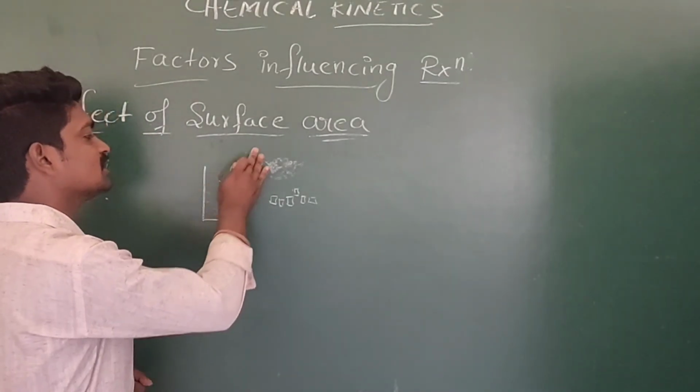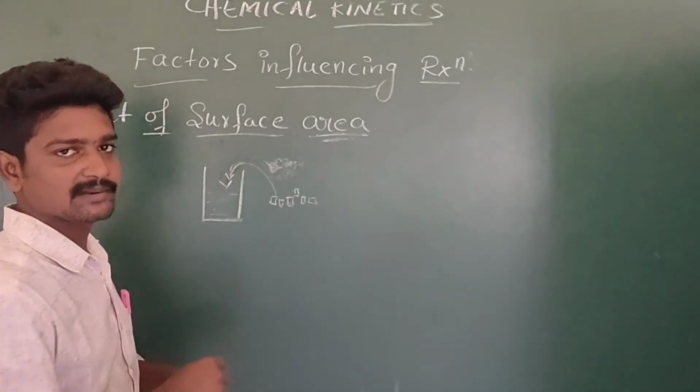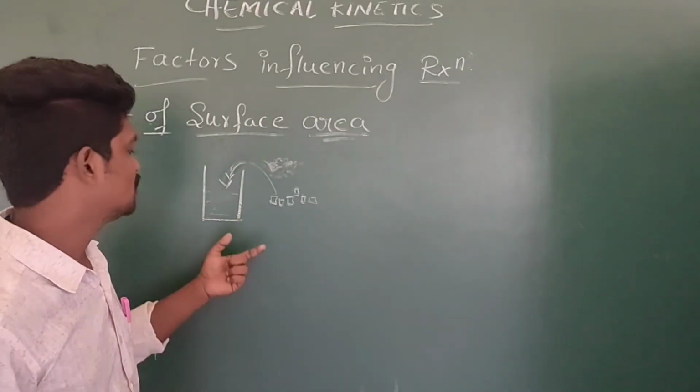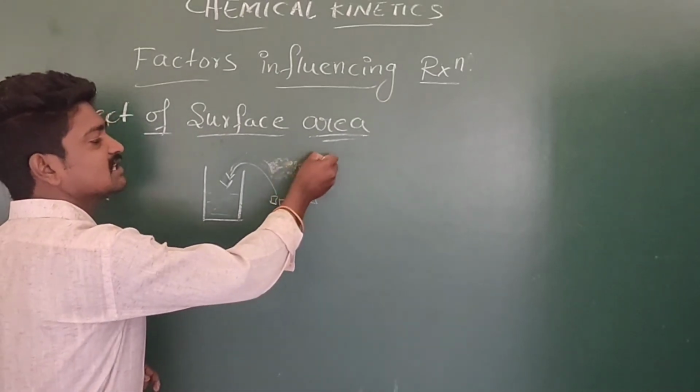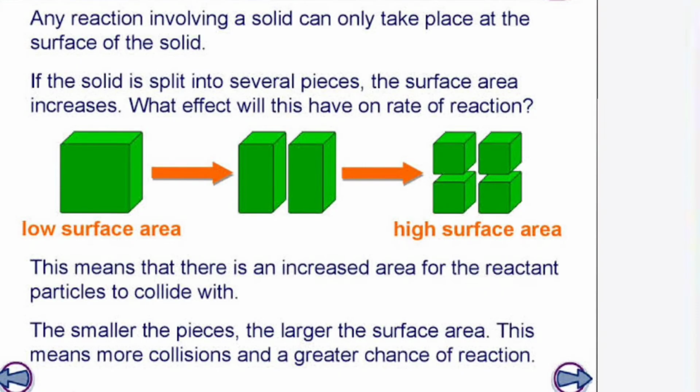If we take lump sugar, it would take some time to dissolve. Here you can see in the picture, the solid is splitting into several pieces. See the lower surface area and higher surface area. The small pieces have the large surface area, so there are more collisions and a great chance of reaction. So higher surface area dissolves easily in water.